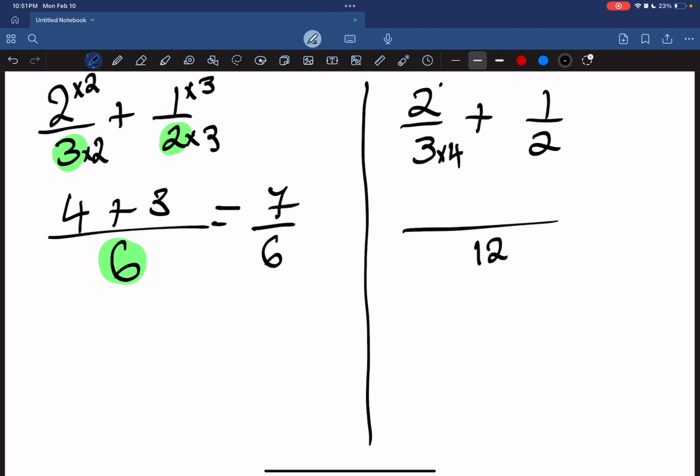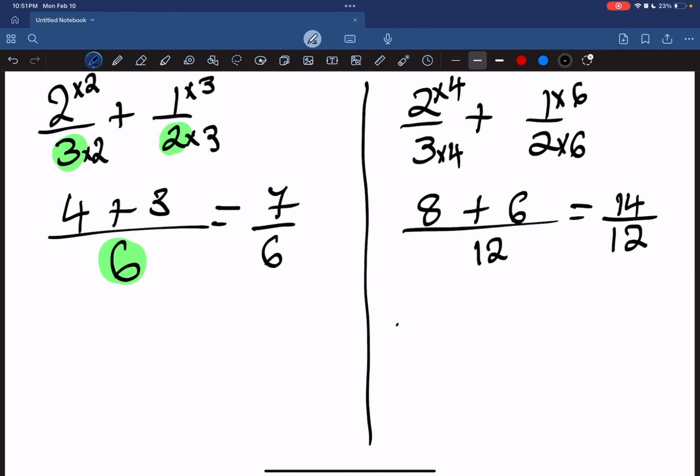So I'm going to multiply both the numerator and the denominator by 4. 2 times 4, that's 8. Plus, 2 into 12 goes how many times? 6 times. So I've multiplied 2 times 6 to get 12. So I multiply the numerator by the 6 also. So 1 times 6 is going to give us 6. We keep the denominator, and we add the 8 and the 6, and that's going to give us 14.